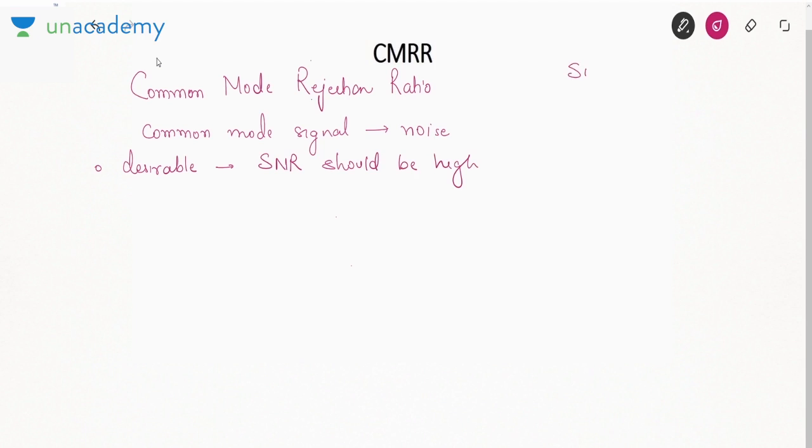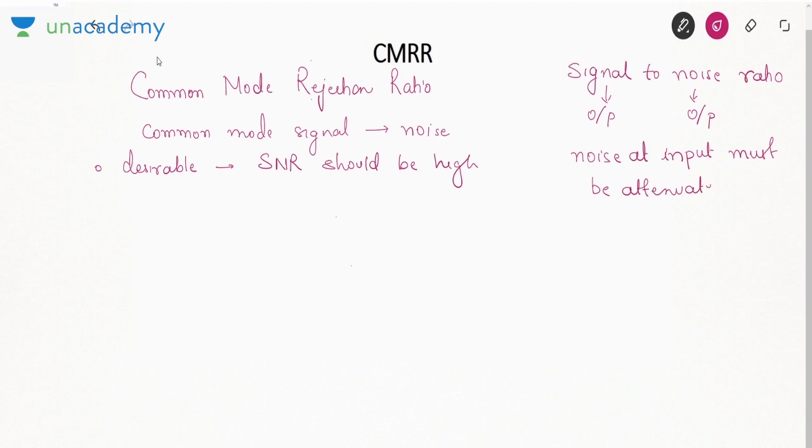SNR is nothing but signal to noise ratio. We want the output signal to noise ratio to be high. This signal is the output signal and this noise is the output noise. So we want that the noise at input must be attenuated so that the output noise reduces.